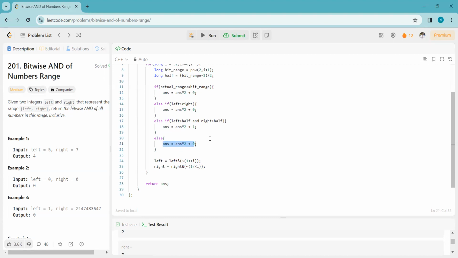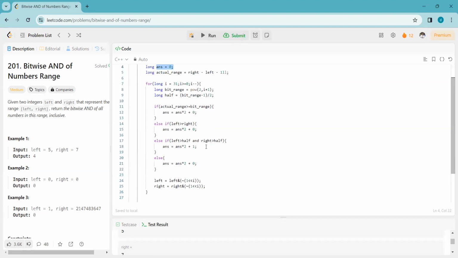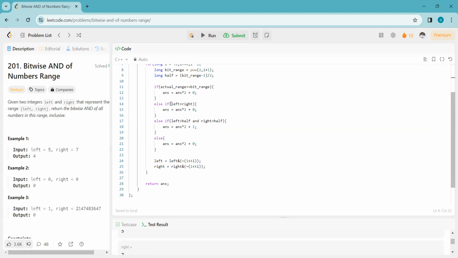Left is greater than right? Since we are doing the same operation here, we can merge these two.